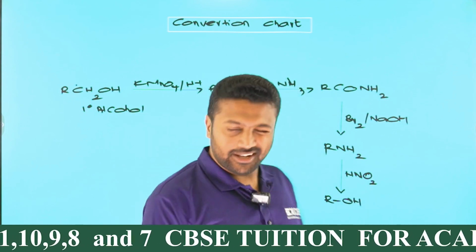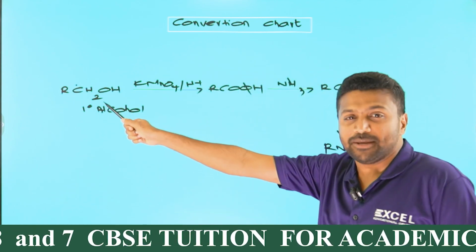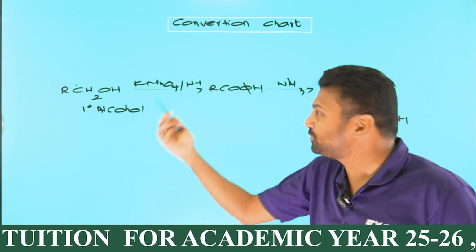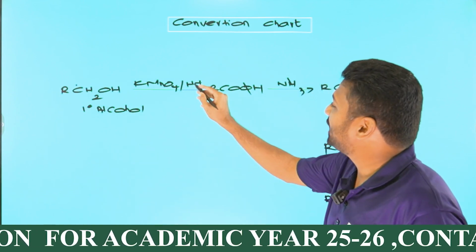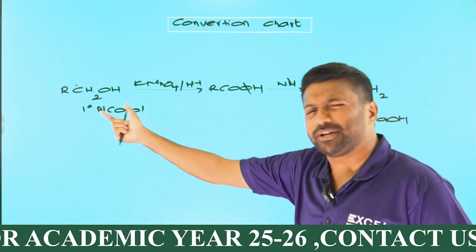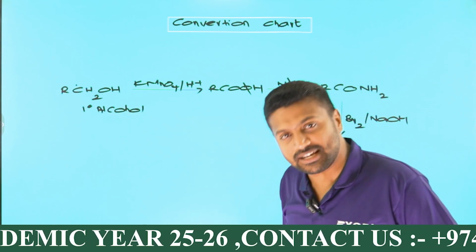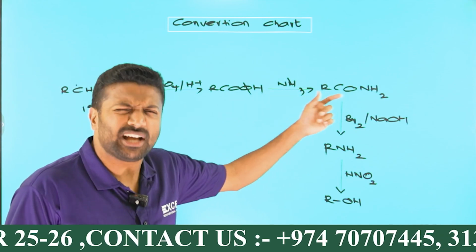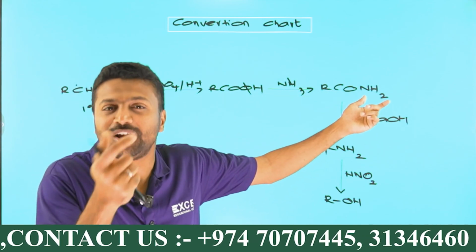So starting from there, it's RCH2OH, called primary alcohol, passing over any strong oxidizing agent. I'm using KMnO4 in presence of H plus. CH2OH will become COOH, called carboxylic acid. Passing over ammonia, OH and H will be removed as water, giving acetamide, CONH2.